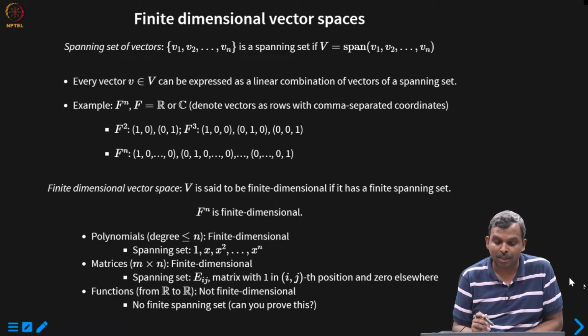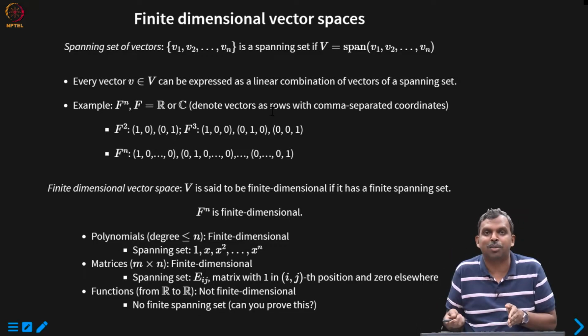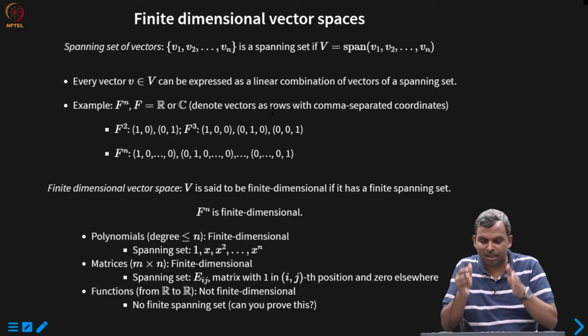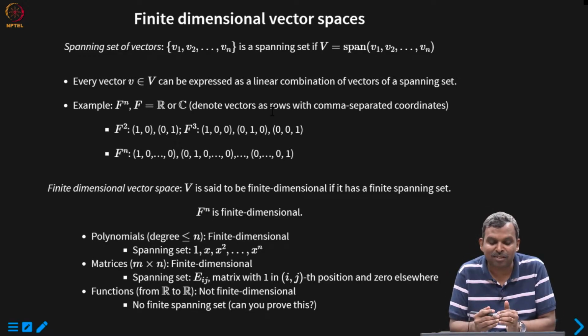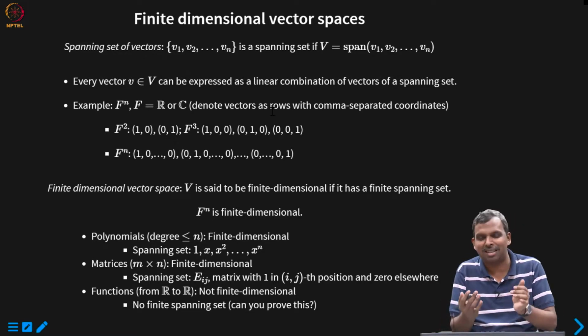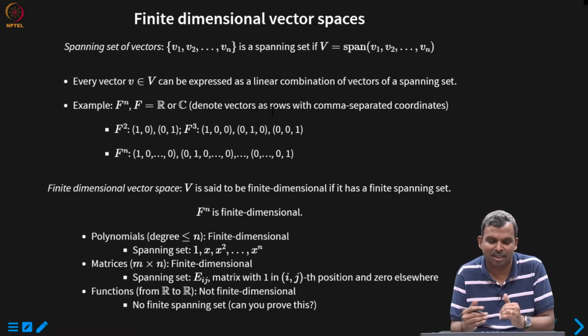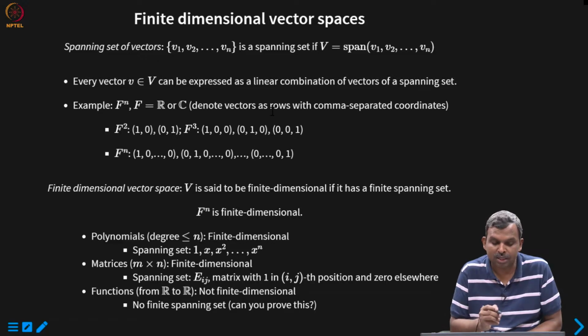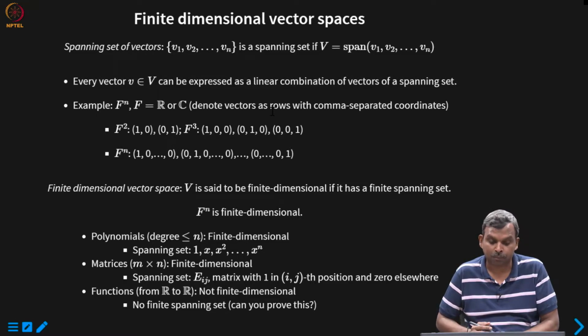And in these examples, I'll start denoting vectors as rows, instead of the column vector description that we had before, a big matrix-like thing occupying a lot of space. We'll reduce space and write vectors as rows. Okay, so just imagine that these are actually columns if you want to. Okay, so for simplicity, I'll write it like that. So you notice here for F2 and F3, it's very easy to come up with a spanning set, right? So for F2, (1,0), (0,1) is a spanning set.